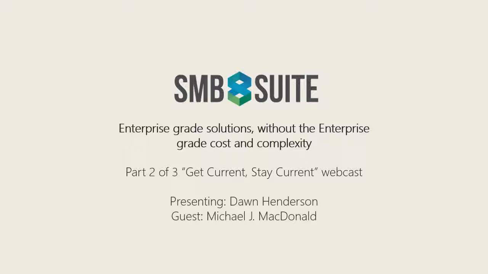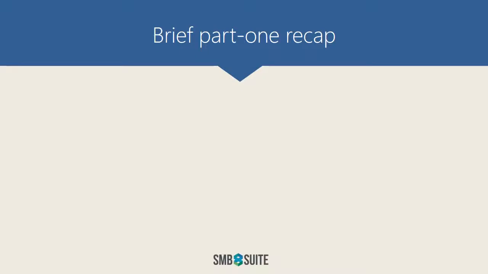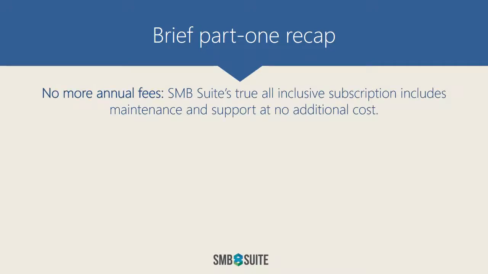Well, we just wanted to continue from part 1 into part 2. In part 1, we talked a little bit about how our model can help our customers benefit from maintenance fees, essentially being able to eradicate those for people currently using Dynamics GP in an on-premise deployment model.